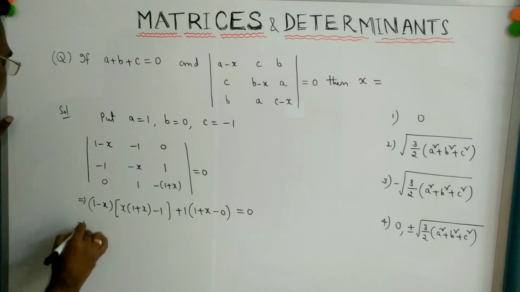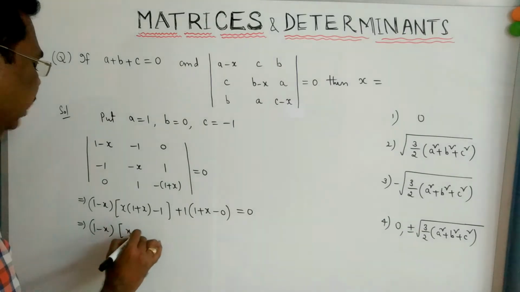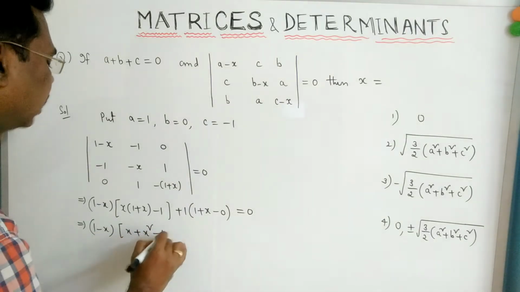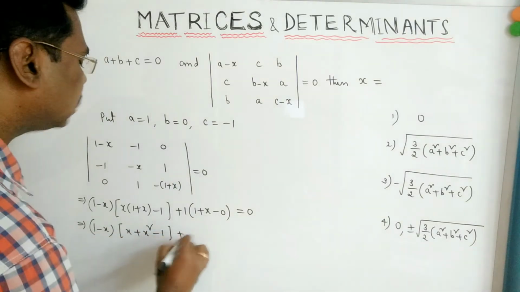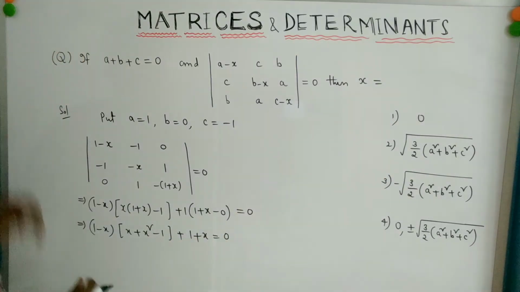Okay, now 1 minus x into, now x plus x square minus 1 plus 1 plus x is equal to 0.